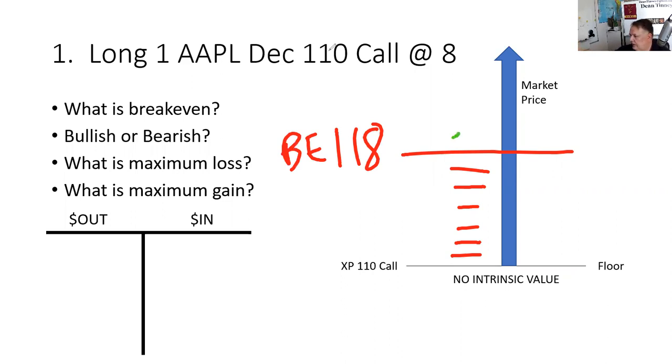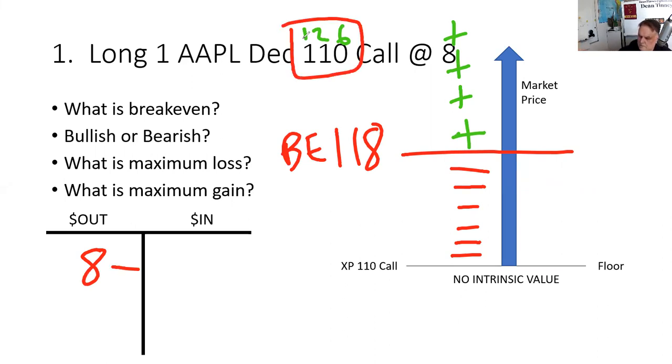And now instead of saying at expiration, they say several weeks later, Apple's at 126 and your customer closes out at intrinsic value. He closes out at intrinsic value. You're going to do an offset here. Now, again, you can simply compare 126 to 118. That'll work every time. But now we close it out and it's going to be 16 points.